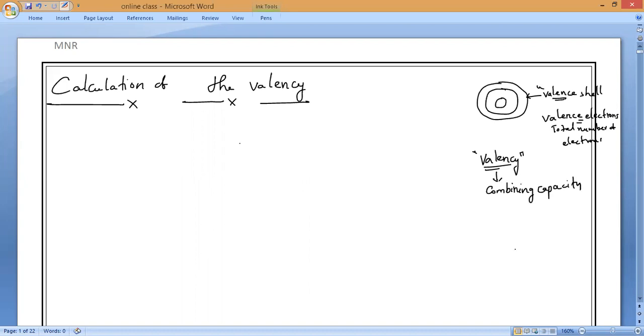Maximum, how many electrons it can donate or receive, or we know another thing, how many it can share. That is what we used to call valency. Now, if you know these three definitions, it is very easy to calculate the valency, for metals and same way for non-metals.